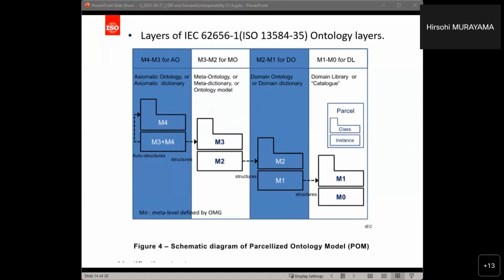What is important is that the data model itself can be treated as instances, because I often hear that we use the object class, we use this and that, etc. But actually, we are almost talking about the same thing, so if we map the data models correctly, we can handle all of these in a single framework. That's the basic idea. And using these mechanisms, we have registered so many ontology contents into the CDD. Next slide, please.